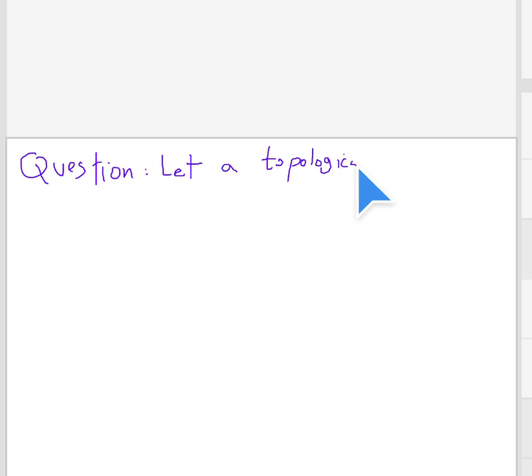Okay. A question. We have a question here. Let (X, τ) be a topological space that is metrizable.